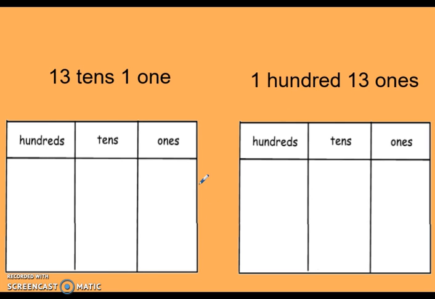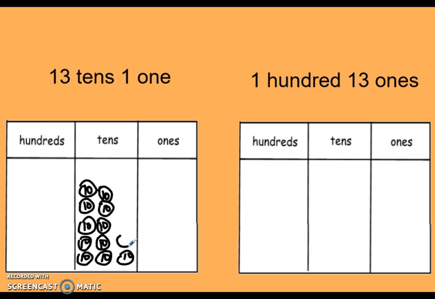Let's do one more example using our chart. Here I have 13 tens and 1 one, and here I am comparing it to 13 ones. So first I'm going to draw my 13 tens. So I have 1, 2, 3, 4, 5, 6, 7, 8, 9, 10, 11, 12, 13 tens, and 1 one.